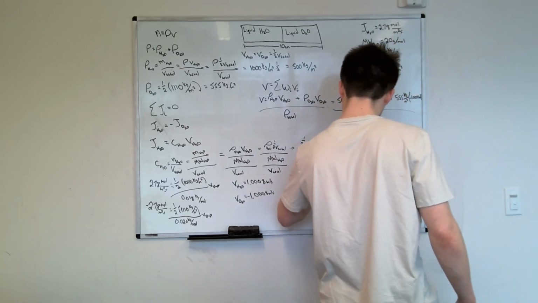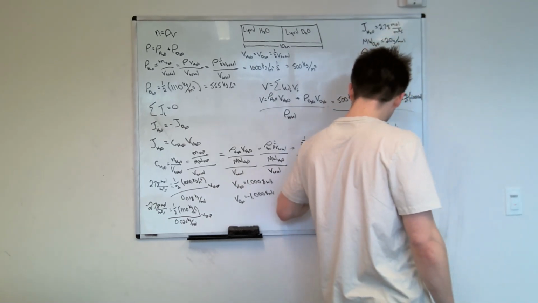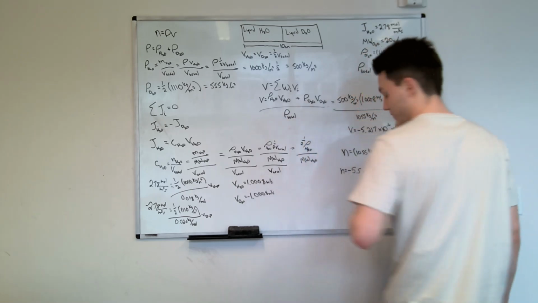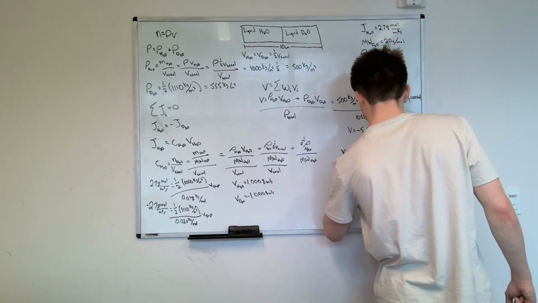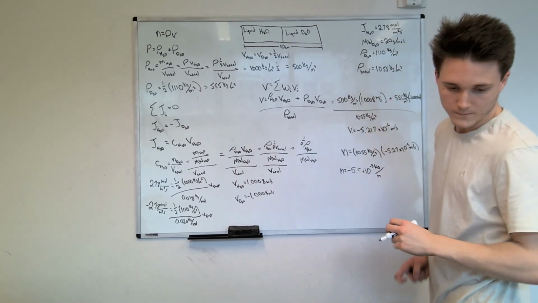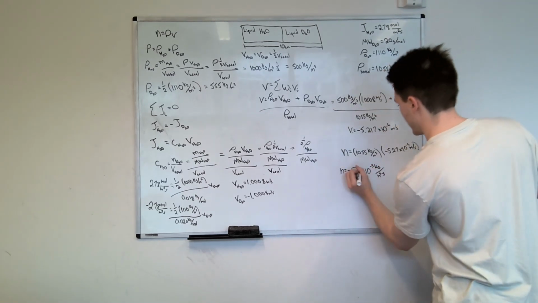That leaves us with a mass flux of negative 5.5 times 10 to the negative third kilograms per meter squared per second.